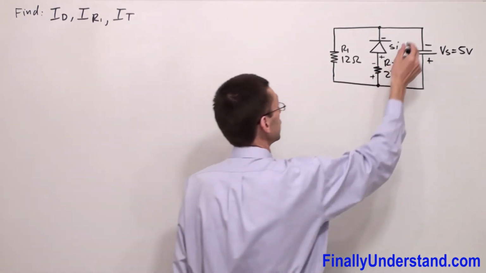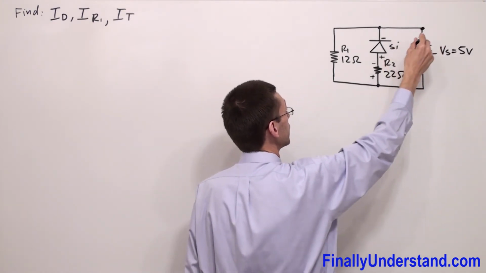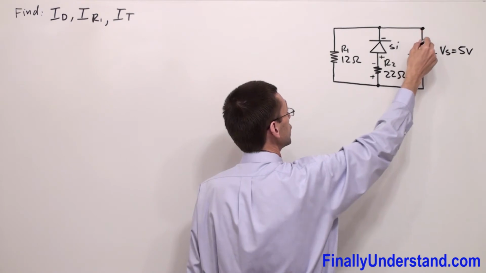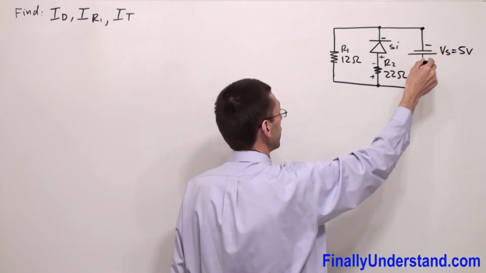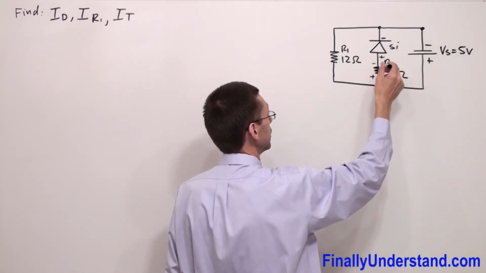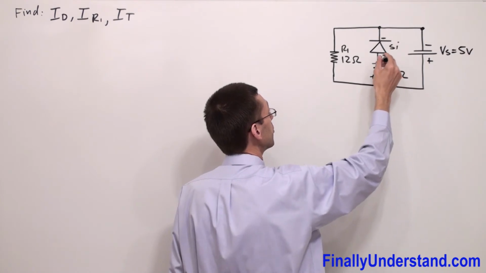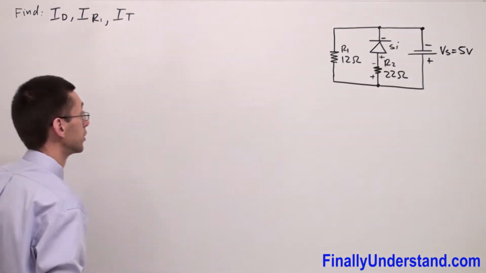So if we're starting from this point and we're going to go clockwise, what we're going to see first is the negative voltage source, right? After that, we're going to see plus the voltage across the resistor plus the voltage of the silicon diode.